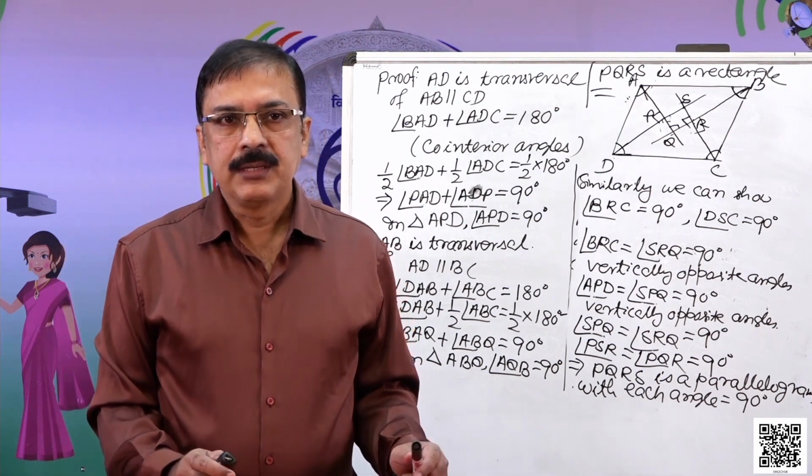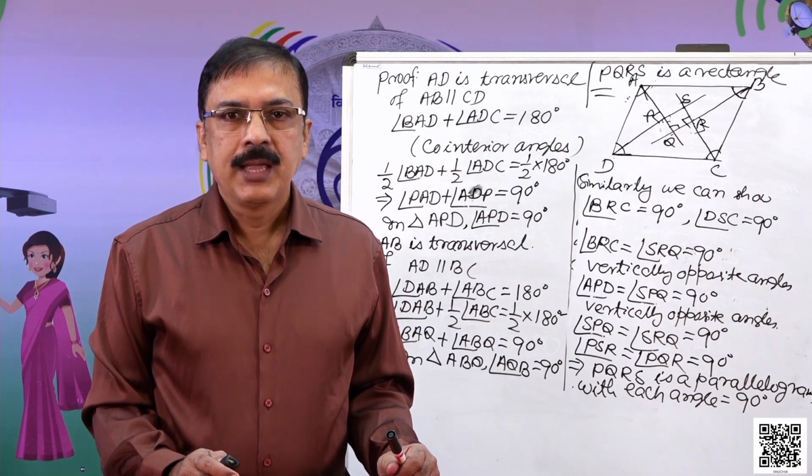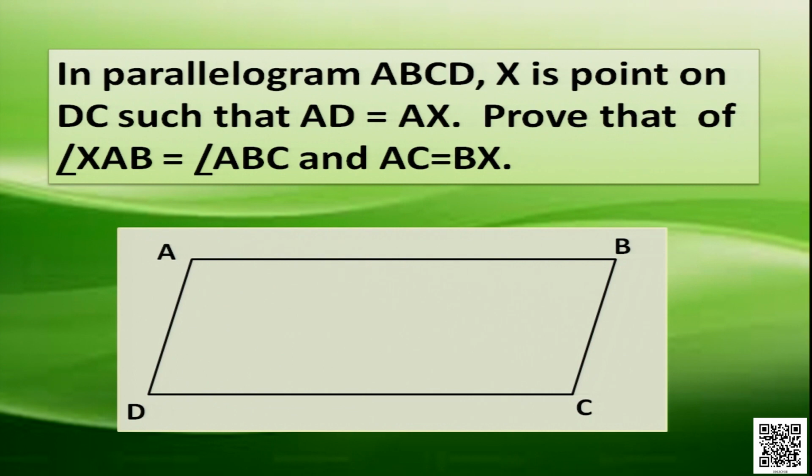In this question, in parallelogram ABCD, X is a point on DC such that AD is equal to AX. Prove that angle XAB is equal to angle ABC. And also AC is equal to BX.